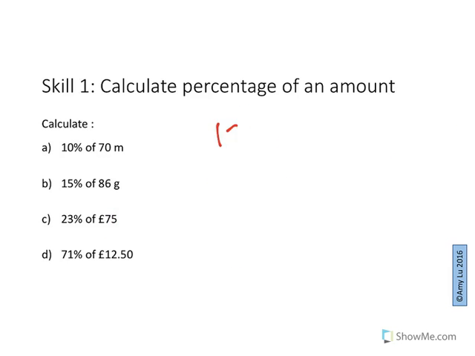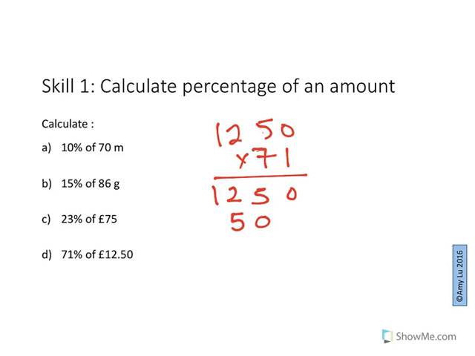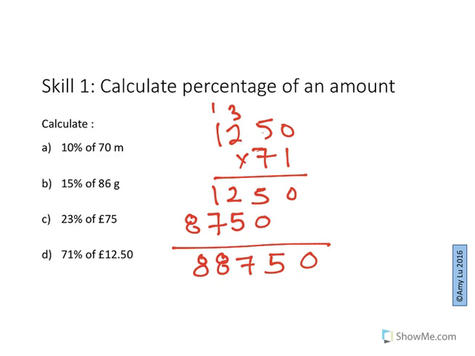And the last one, 12.50 times 71. And remember, just pretend it's 1,250 times 71. So just pretend there's no decimal there. And then, since we had 2 numbers behind the decimal, move it in twice.